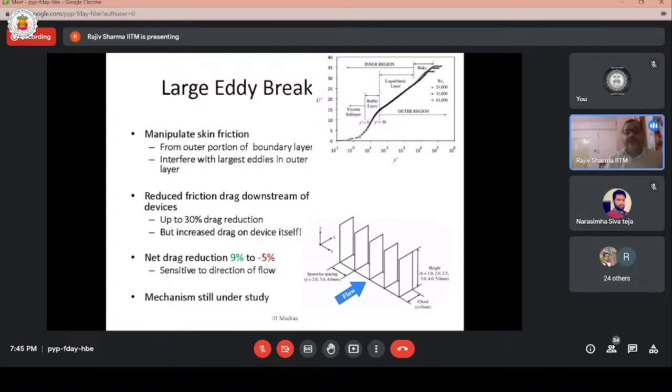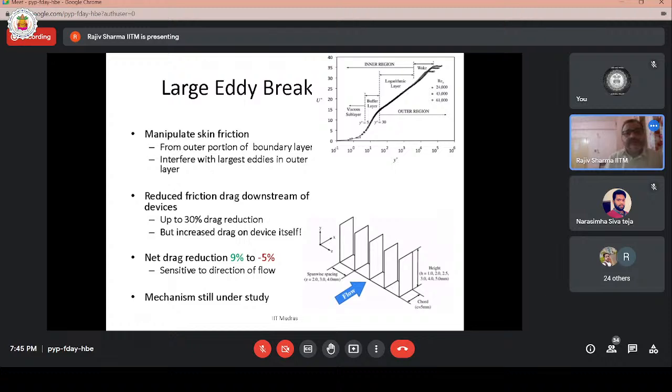So that's what we are trying to make you understand: the height is like 1 mm, 2 mm, 4 mm, 2.5 mm. Significant. Span-wise spacing, again 2 mm, 4 mm, like that. The chord length, again 5 mm. So you are talking about structures which are a few millimeters by a few millimeters by a few millimeters.